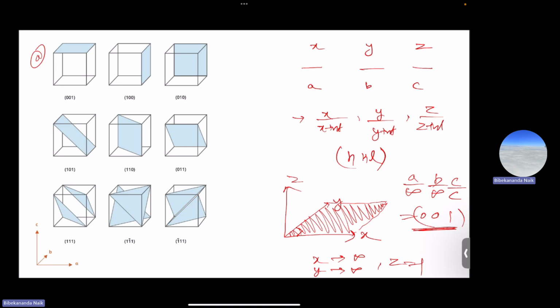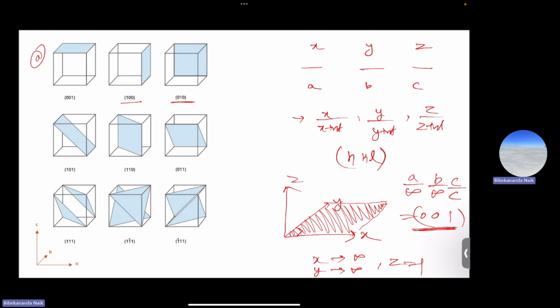Similarly, if a plane is parallel to z, this plane is nothing but the ZY plane. For the ZY plane, the z and y intercepts are infinity, so the Miller indices will be 1, 0, 0. Similarly, for the XZ plane, the Miller indices will be 0, 1, 0.